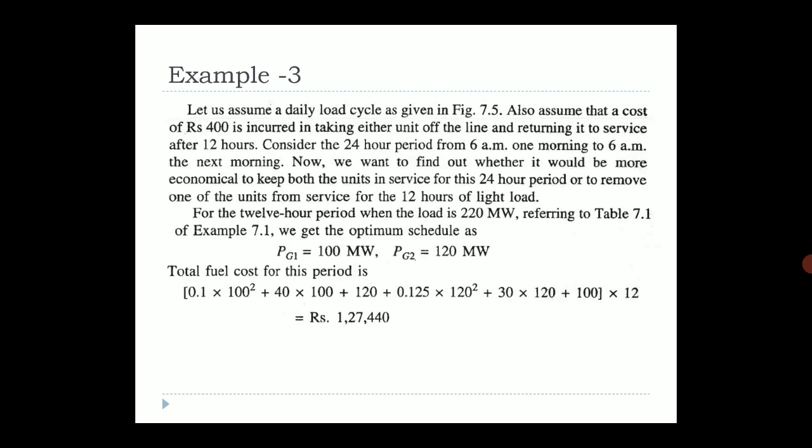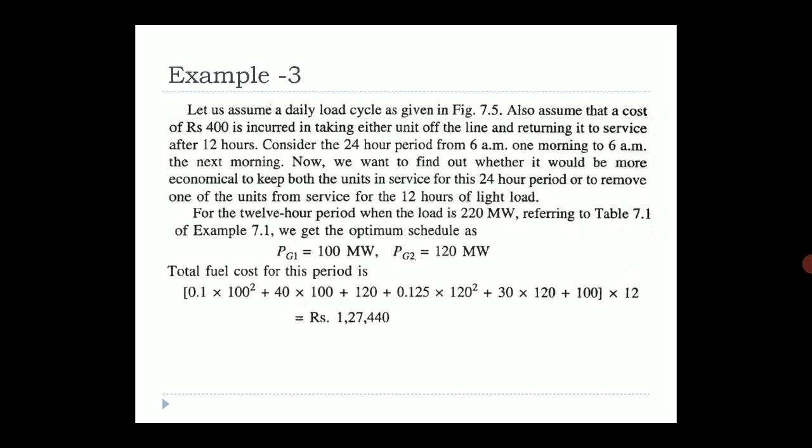So if it would be economical to switch one of the generators off when the load is low, then you have to pay 400 rupees extra in order to switch it off and switch it on again after 12 hours.